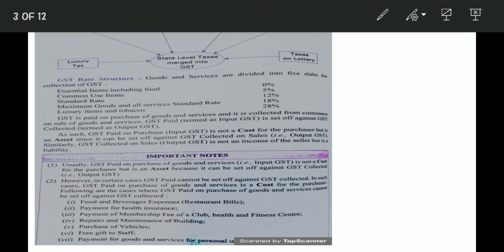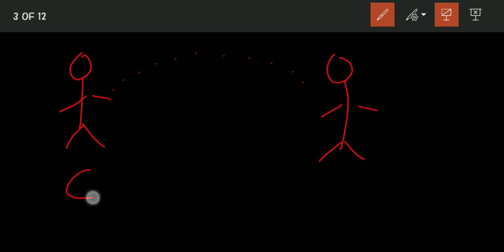So now we come to the conclusion. When a person purchases goods from another person, there is a customer and a seller.